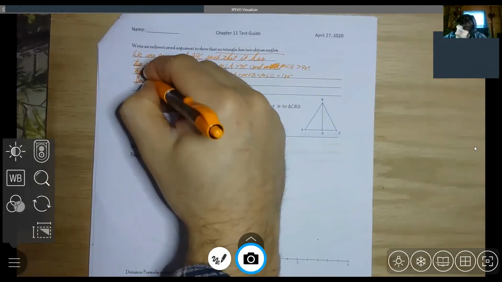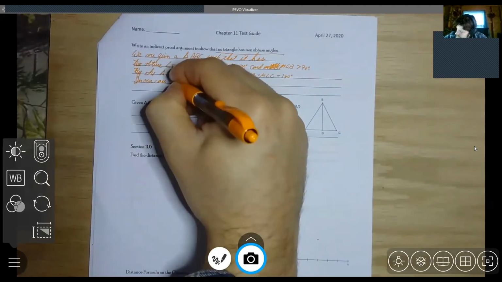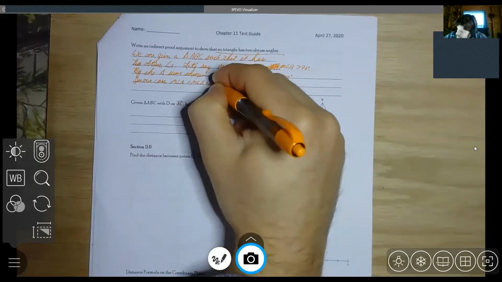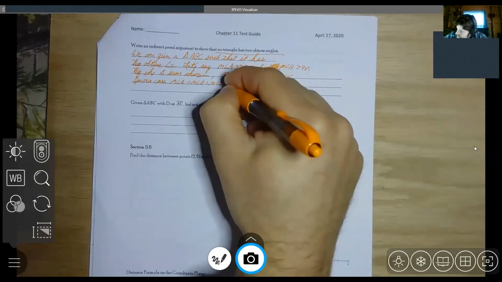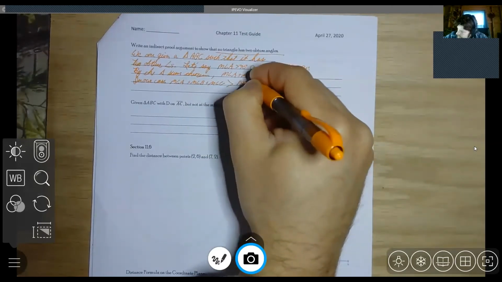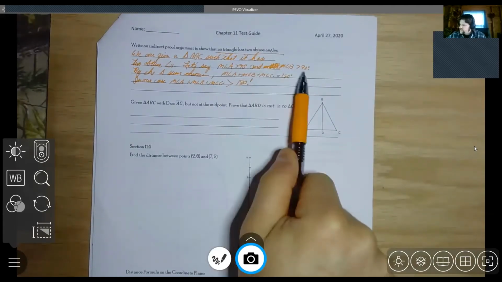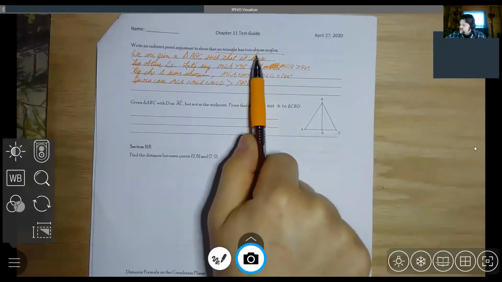In our case, the measure of angle A plus the measure of angle B plus the measure of angle C is going to be greater than 180, okay? Because these two angles are more than 90. That's what the definition of obtuse is, right?